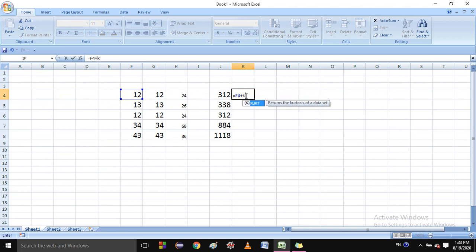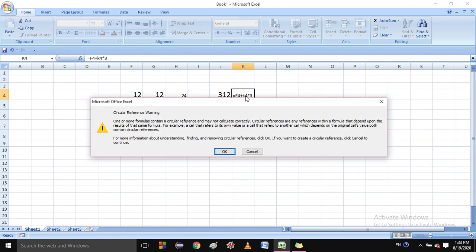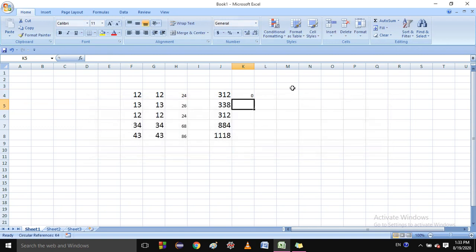K4, K4 multiply 3. This gives 0 because K4 doesn't have any value. But this is a circular reference. A1 plus A2 multiply 3 in the cell A2: you are making the formula refer to its own cell value, which is not possible.